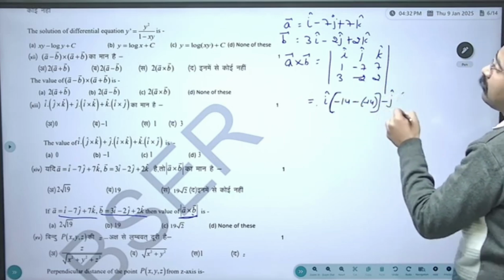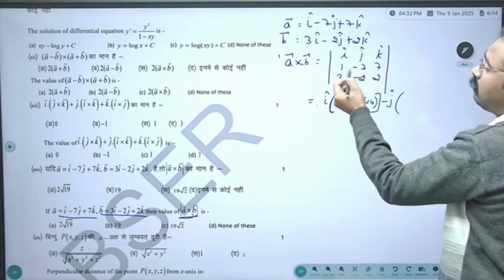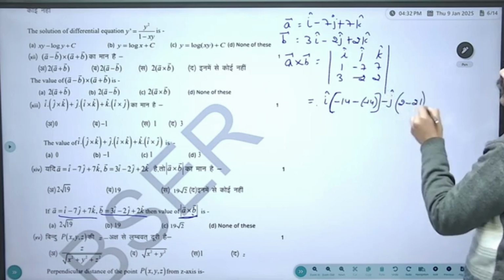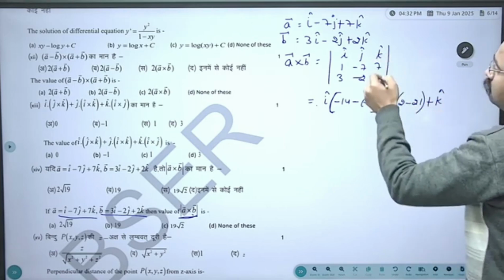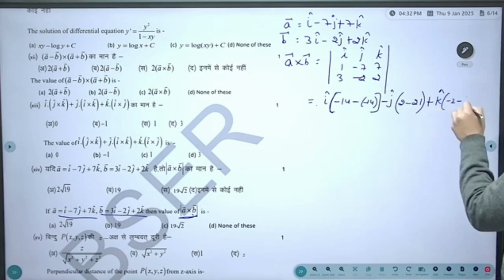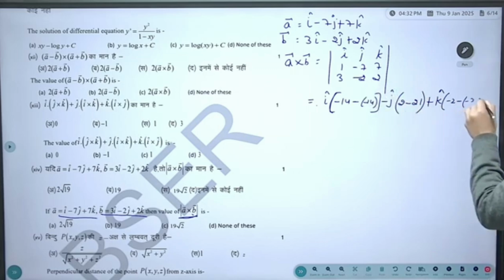Minus j cap, leave this column and this row. 1 multiplied by 2 minus 7 times 3, that is minus 19. Plus k cap, leave this column and row. 1 multiplied by minus 2 minus 7 multiplied by 3, minus 2 minus 21.